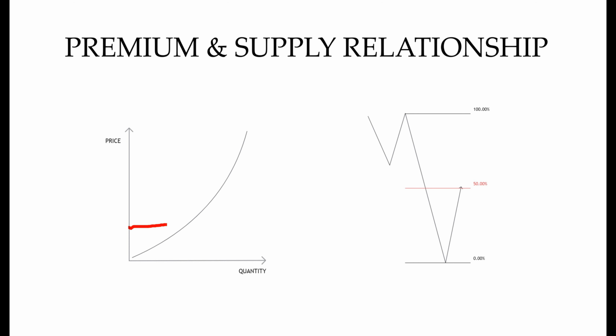So assuming we have the price of a commodity at this point, the quantity sellers are willing to sell is going to match up with the price. But as we go higher on the price axis, the quantity that sellers are willing to sell is going to increase. As we go higher, the quantity is going to keep increasing.